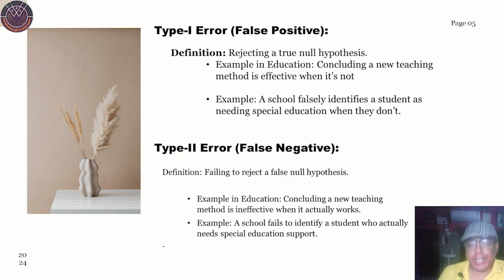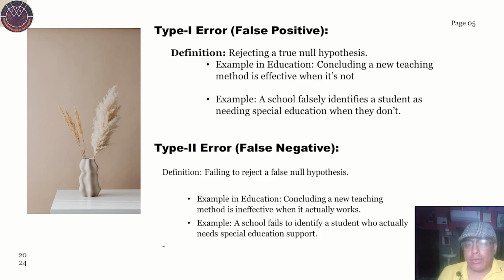If you are taking a decision that your groups are different, a relationship is there, and in the population that difference is not there, it is called a false positive. An example from education: concluding a new teaching method is effective when actually it is not. That is called type 1 error or alpha error.